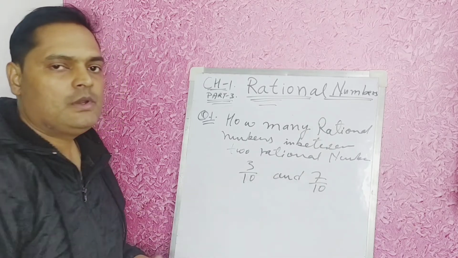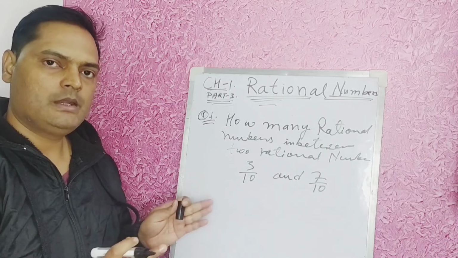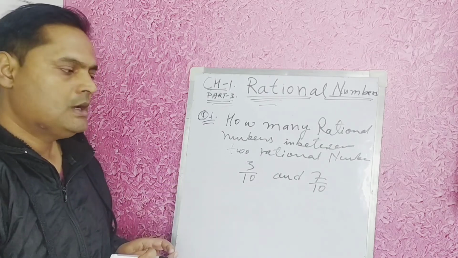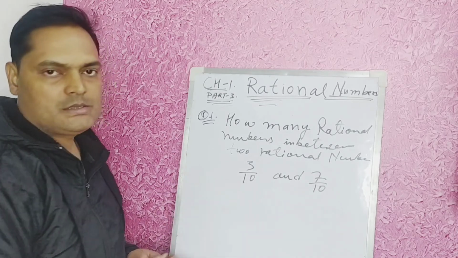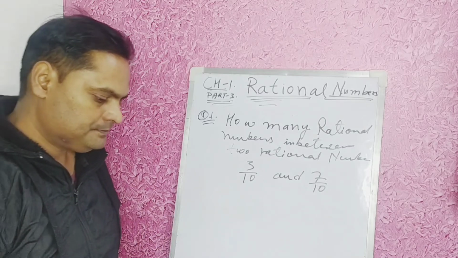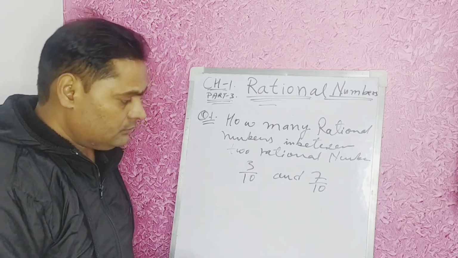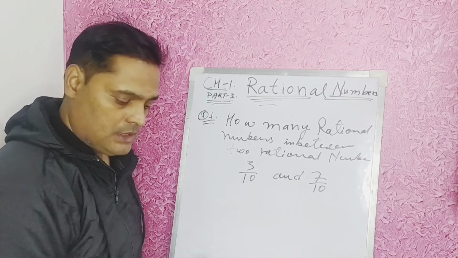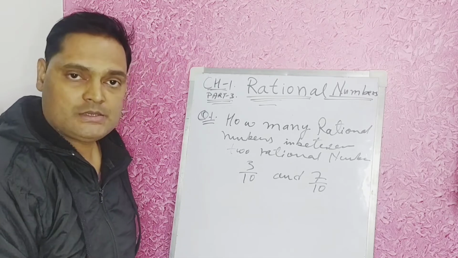If it is different, then you have to make the denominator the same by doing the LCM method. This is mandatory. So in between, I need to find two rational numbers.